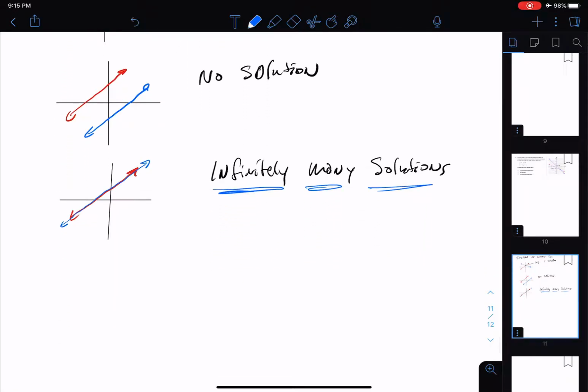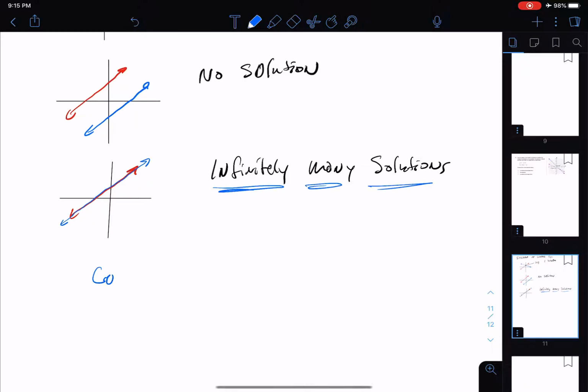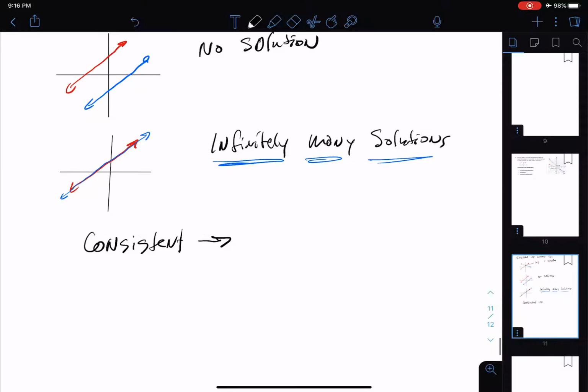Basically, when we're talking about a consistent system, consistent basically just means it has an answer.